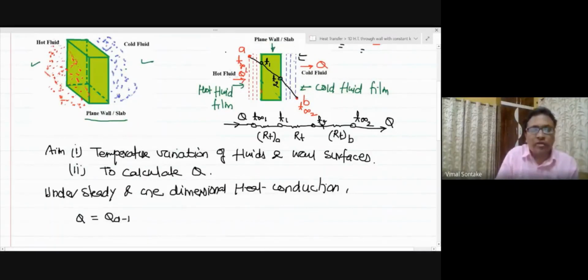Let's say this point is 1 and this point is 2. This is equal to the heat transfer rate from the left face to the right face of the slab, Q12, and finally the heat transfer rate from the right face to the cold fluid, Q2B.